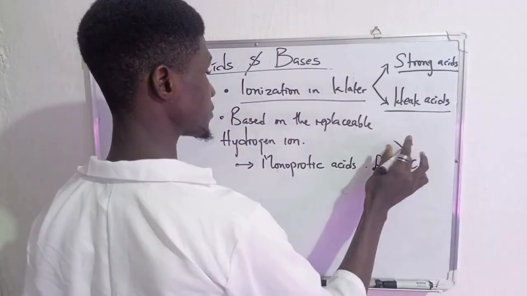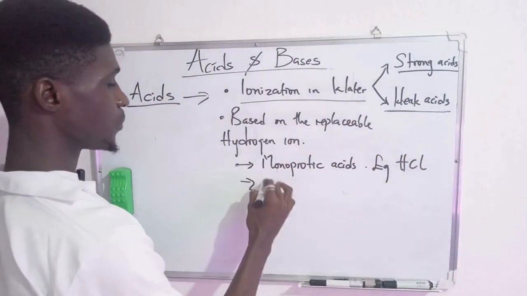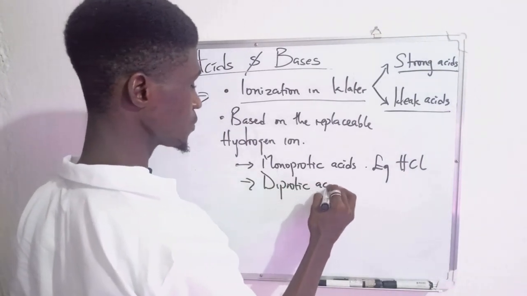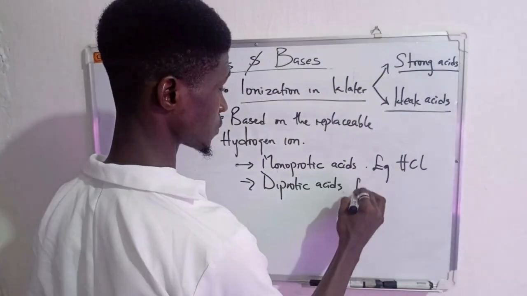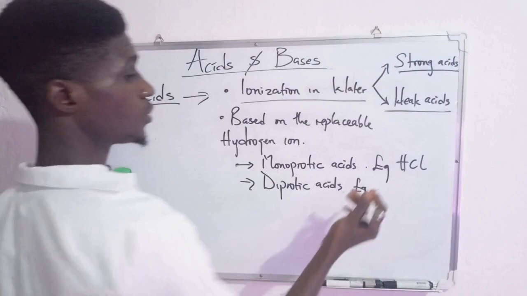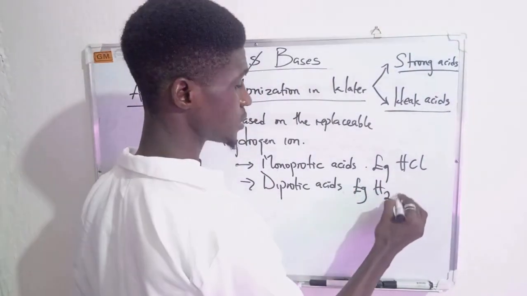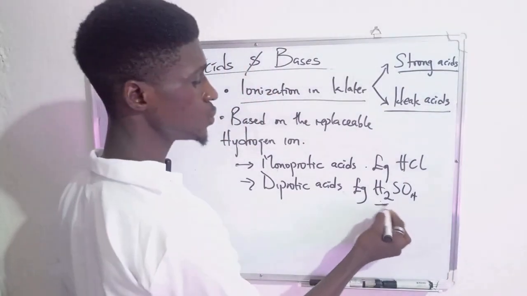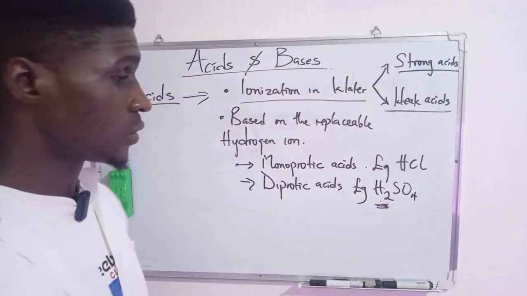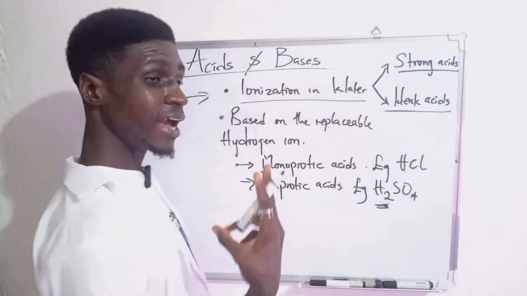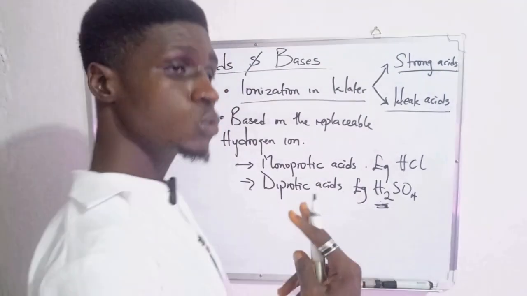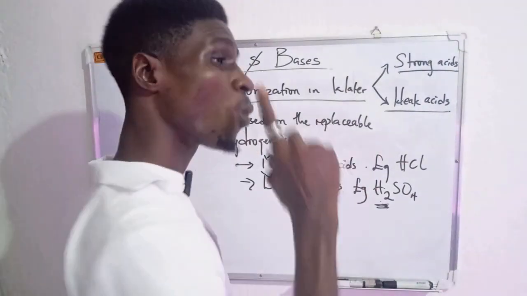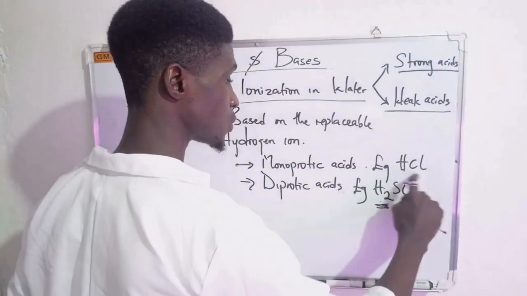The next one is diprotic. This one is H2SO4. It contains 2 replaceable hydrogen ions, so it means diprotic, 2 protons. Monoprotic is 1 proton, which is 1 replaceable hydrogen available to ionize.